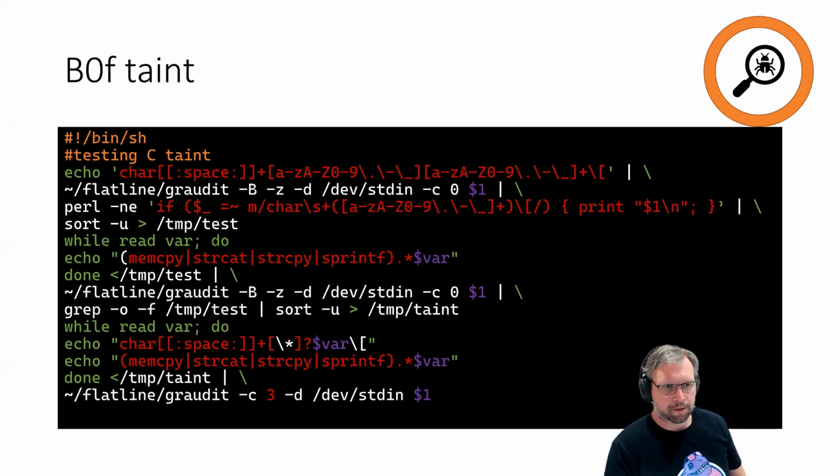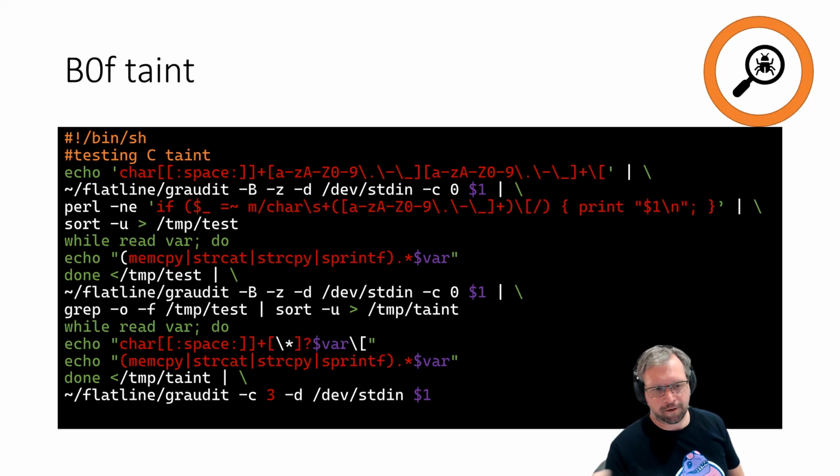So here's a simple example that does basic taint analysis on C. It does this by defining a character array, feeds that into Broadit, and then feeds the output of that Broadit into Perl to extract the identifier of character arrays, puts that into a temporary file, reads those ones out, and generates rules containing memcpy, strcat, strcpy, sprintf, and the variable name, and puts that into standard in, so feeds it back into Broadit, feeds that back.